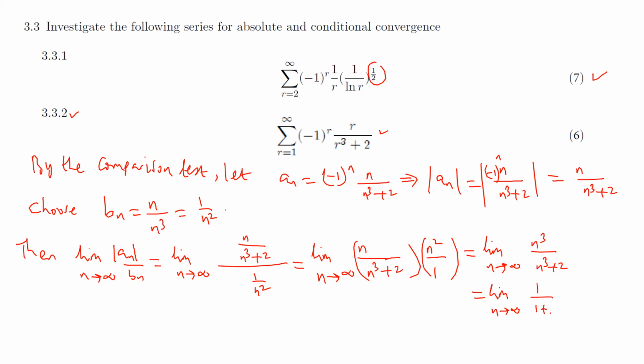And this also, 2 over n cubed, dividing everything by n cubed, and therefore the result is 1. Okay, I'm going to mention something here about this test I'm using.